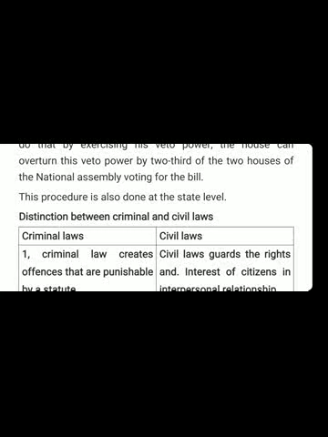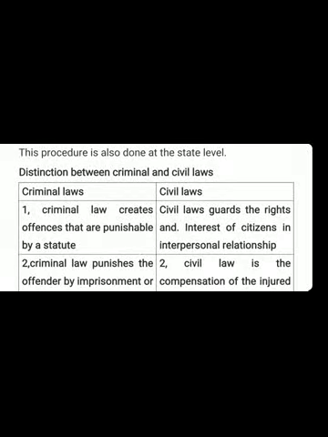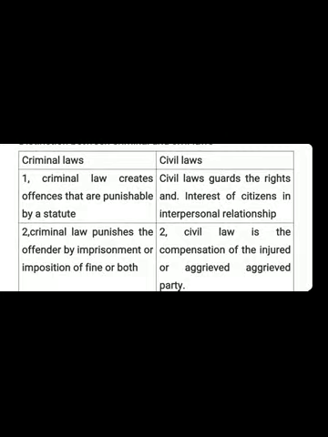Now let's go to the distinction between criminal and civil laws, or criminal and civil case, as the case may be. Criminal law creates offenses that are punishable by statutes, but civil law guards the rights and interests of citizens in interpersonal relationships.